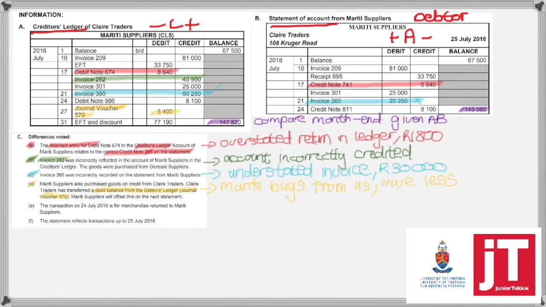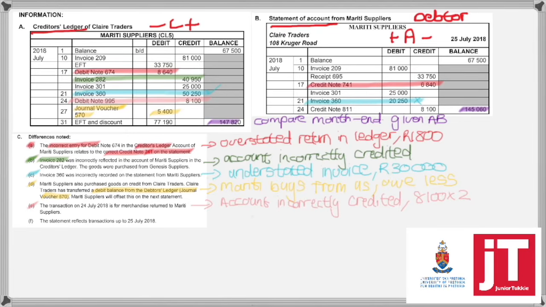Transaction number E. The transaction on 24 July 2018 is for merchandise returned to Mariti suppliers. So it means we need to go to our creditors ledger. On our creditors ledger, it's clear there's a debit note, 995, on the 24th.